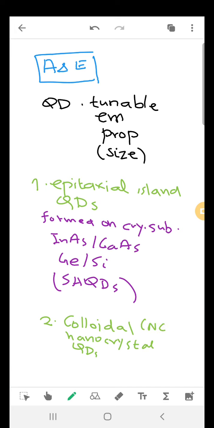And cells in solution or adhered to surfaces.